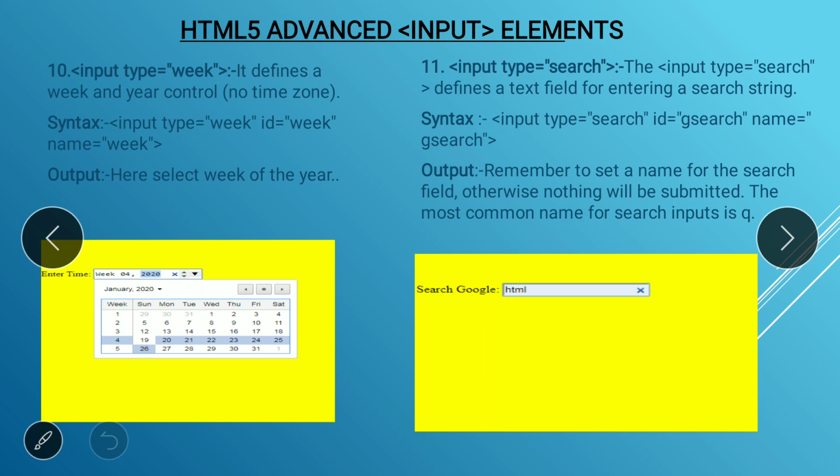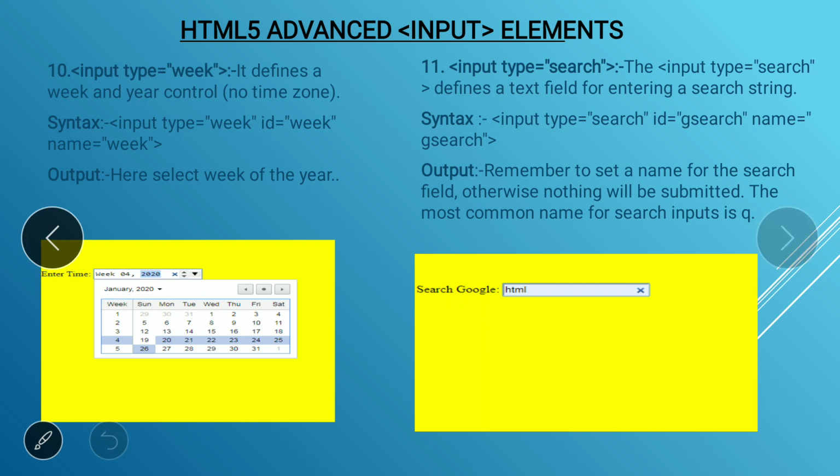So it defines a text field for entering a search string, nothing else. But here you have to remember to set a name of that search field, means it is compulsory to give some name to that control, otherwise nothing will be submitted. That's why you have to mention the name of that control.